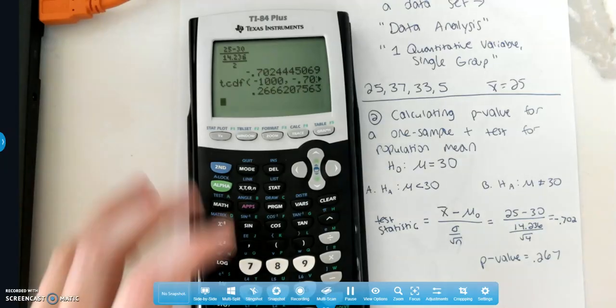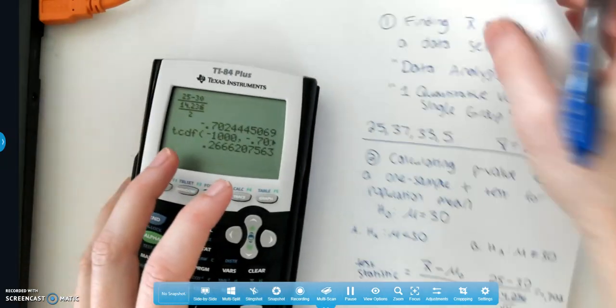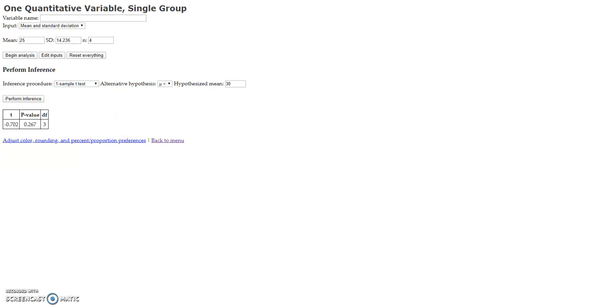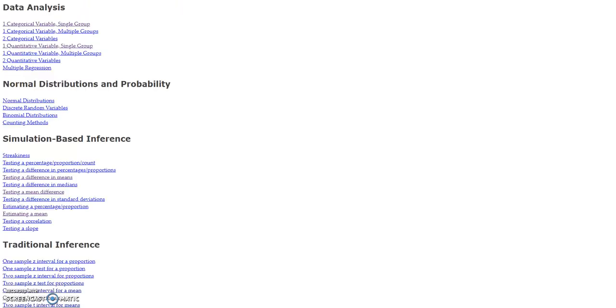All right, so let me go ahead and write that down so that you have it. So you would navigate to simulation-based inference. And you would go to estimating a mean.